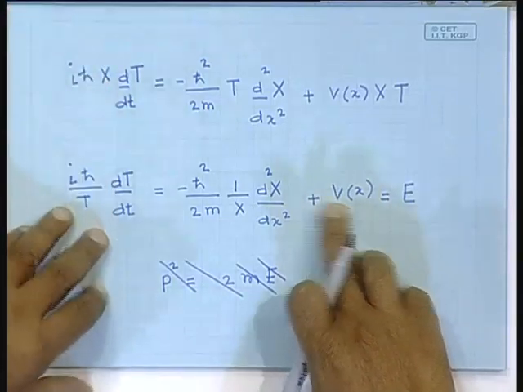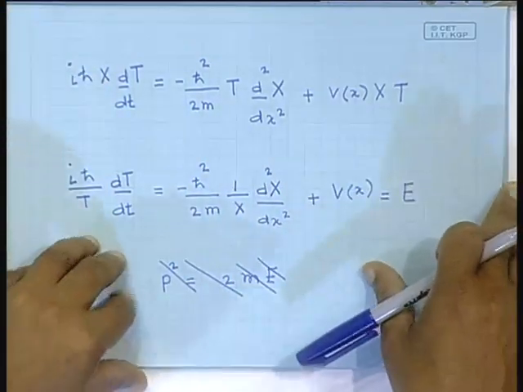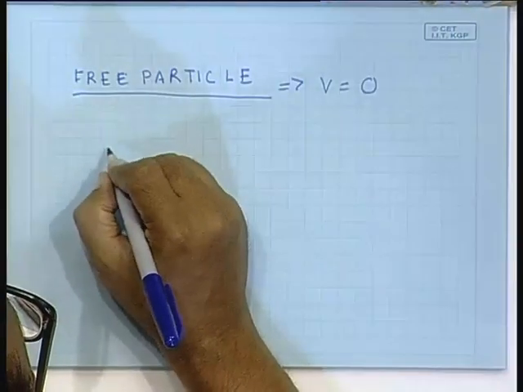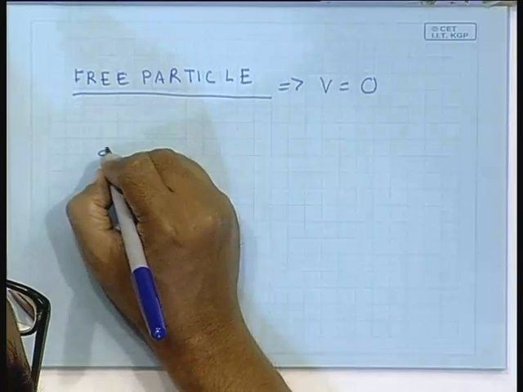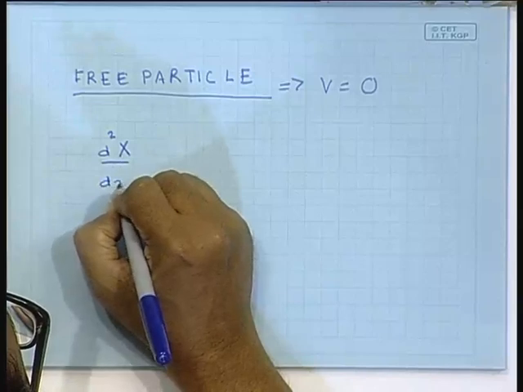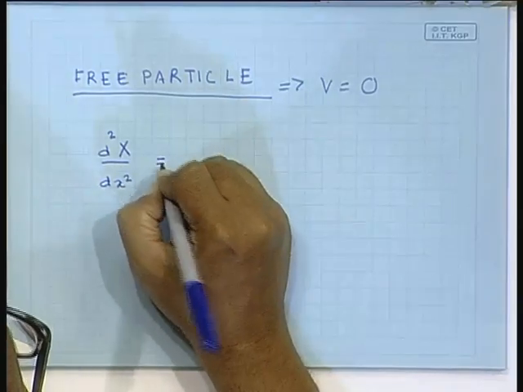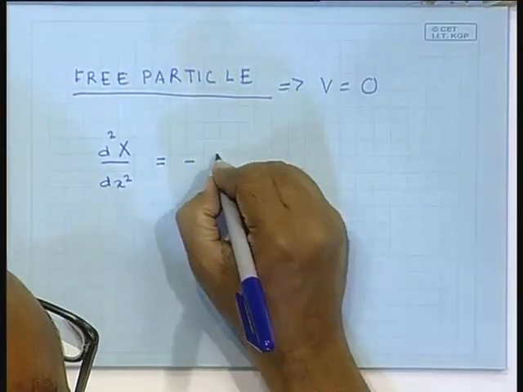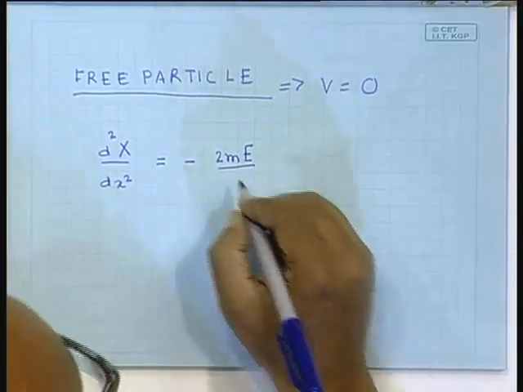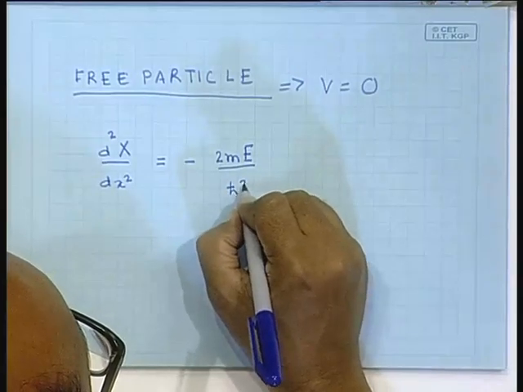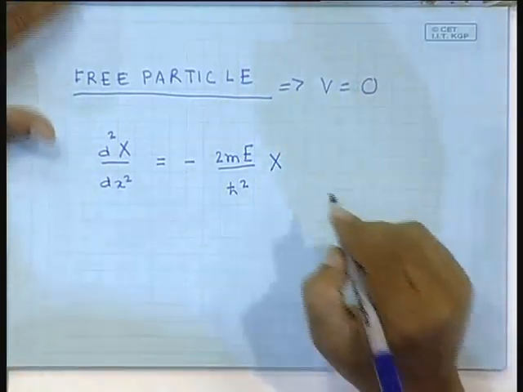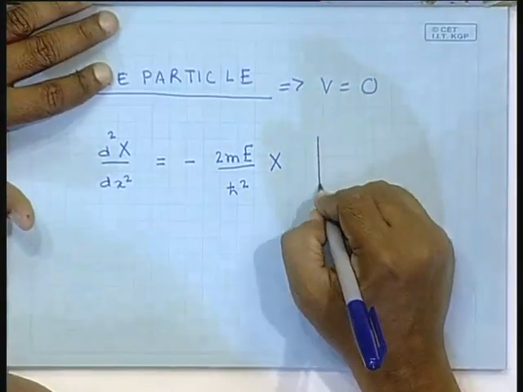If I set the potential V to 0, the spatial part of this equation now becomes d square capital X dx square is equal to minus 2 m E by h cross square into X. Now, it is convenient to introduce a new variable.